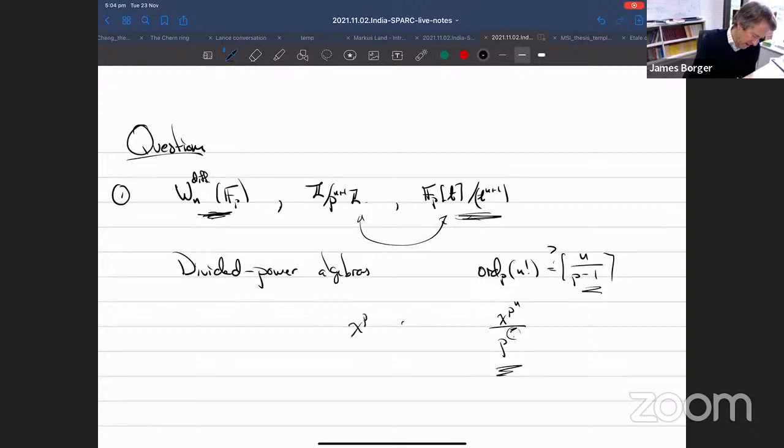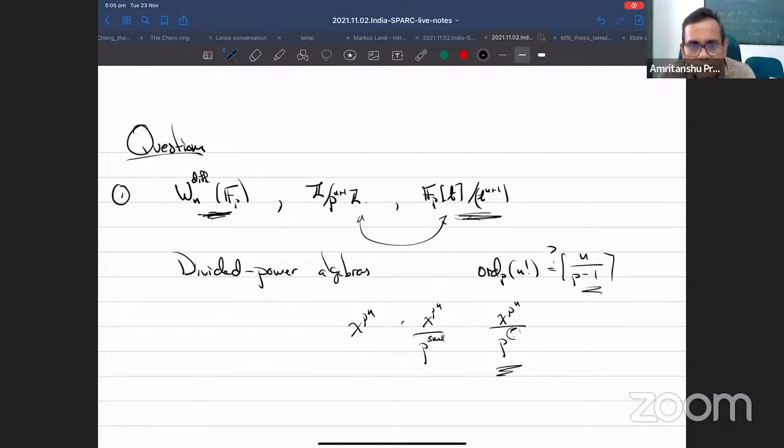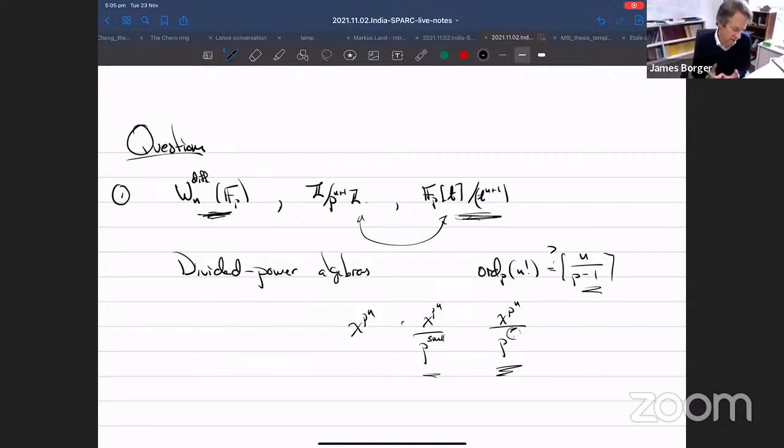At the other extreme, you don't have any denominators, but in the middle you could have something like p to something small. I see. Maybe there's a kind of theory in between. I really don't know. It's intriguing. I find this very fascinating.